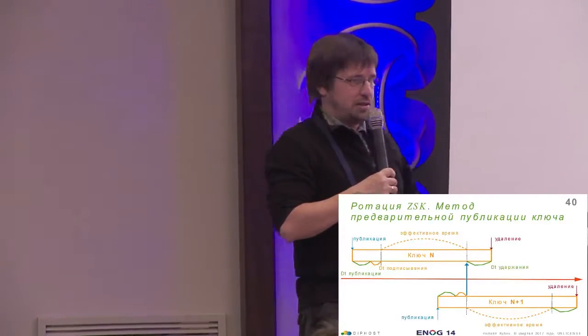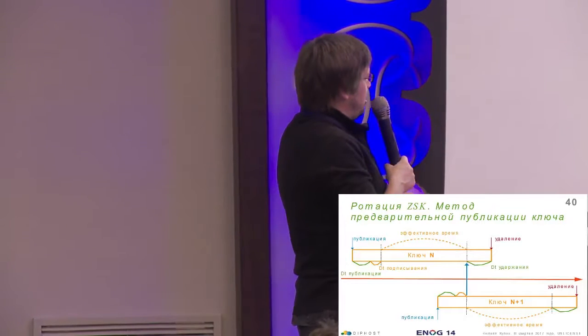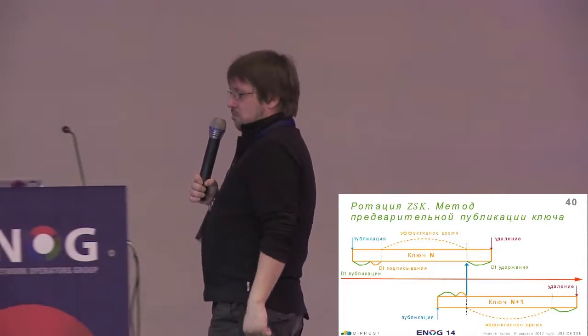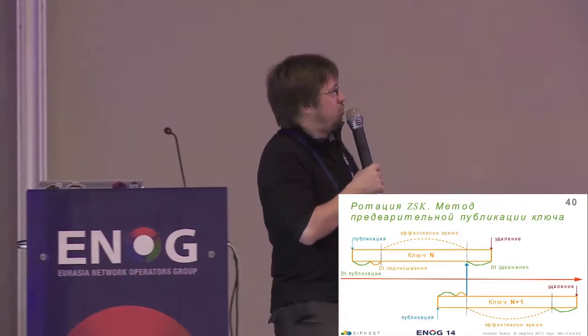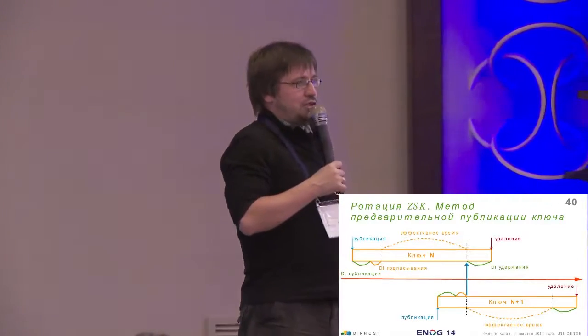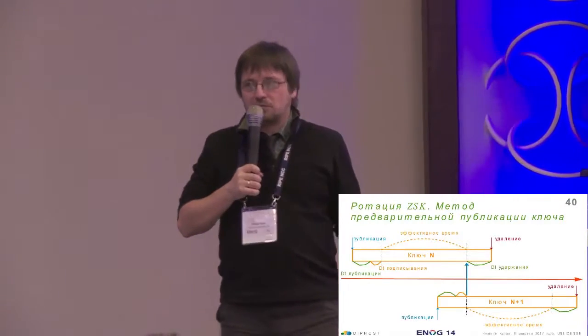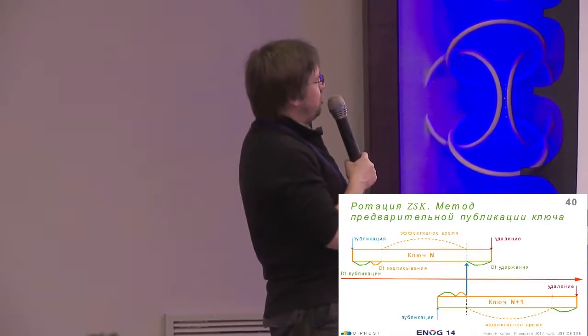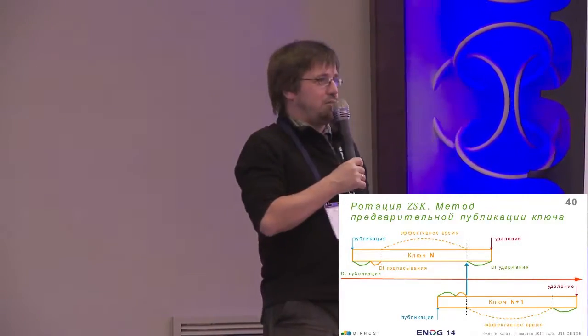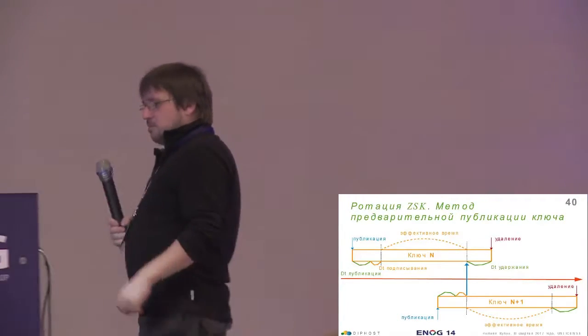You can calculate for your own which effective time you would like to have, during which your key will be functional and operational. For the zone signing key, generally it can be 1 month. Generally, it is 1 month. If you do not believe that your key can be endless, it's quite normal. Your effective time could be endless, unless you find out that it is stolen.